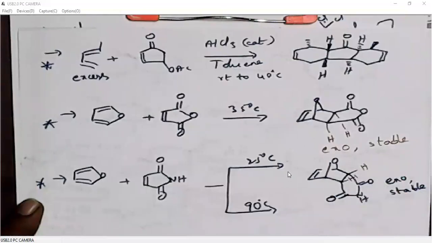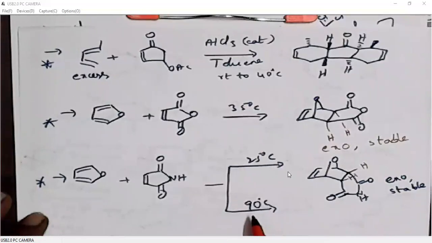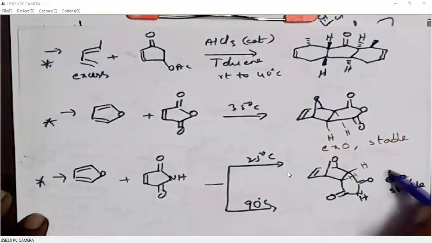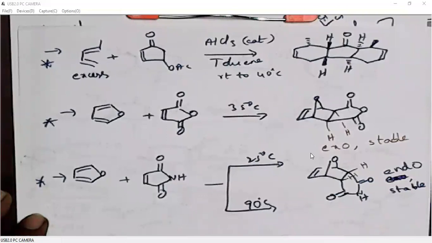Okay, right. But when we do the same reaction at 90 degrees centigrade, at this high temperature, sorry, this is endo, right? I'm sorry, this is the endo product. So at this high temperature, the endo product is unstable. As we know, under thermal conditions, according to thermal stability, endo is less stable.